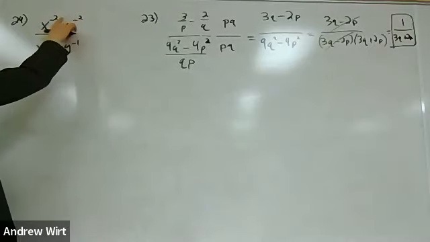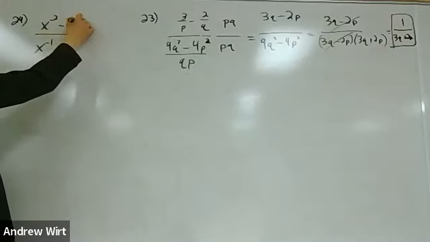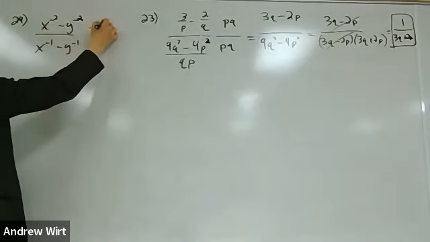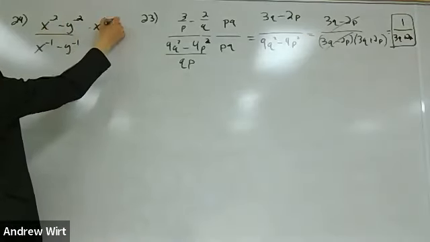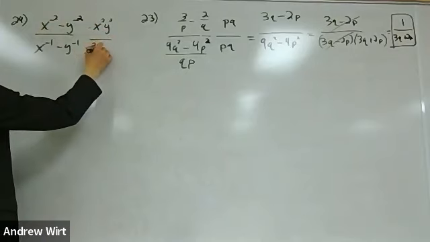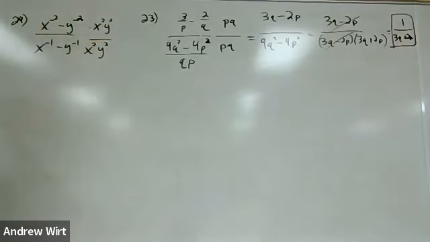All right, largest exponent for both x and y is a -2. We'll turn both of those positive and multiply by x squared, y squared over x squared, y squared. And that will eliminate all the negative exponents.